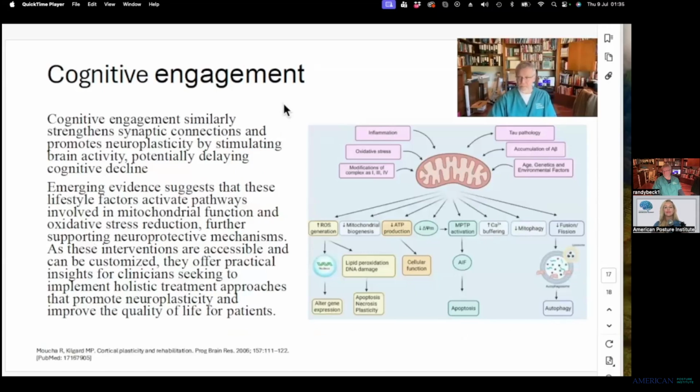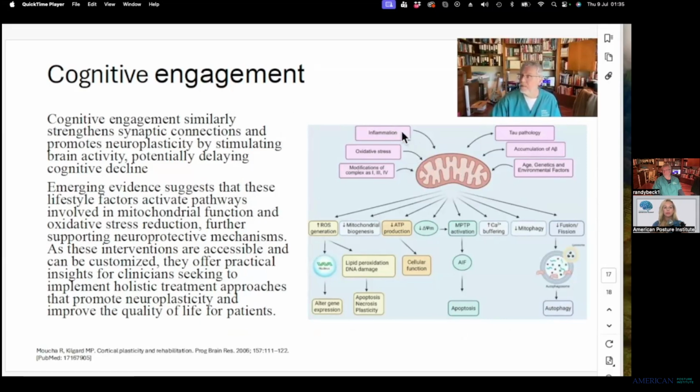Cognitive engagement. Now we're talking about building up these synaptic connections and promoting neuroplasticity by stimulating brain activity and delaying that cognitive decline. Now, a lot of this stuff is focused on the mitochondria, interestingly enough. So a lot of the things that affect mitochondrial function also affect the development of dementia.